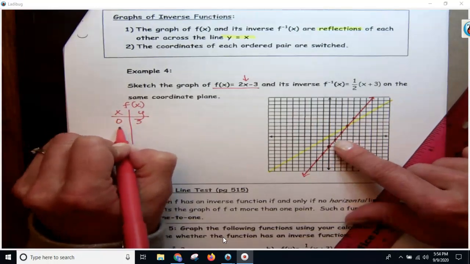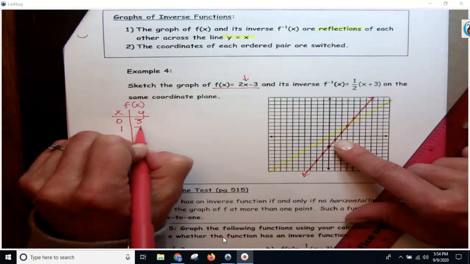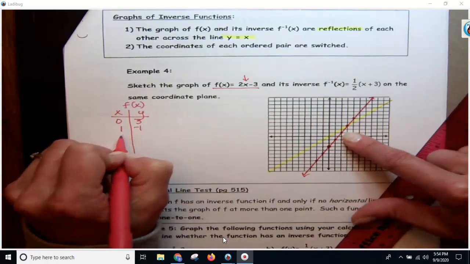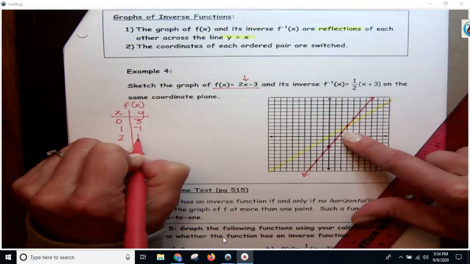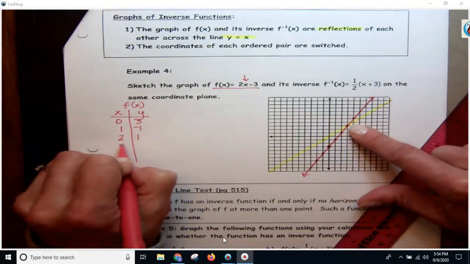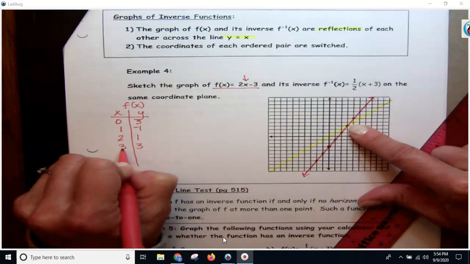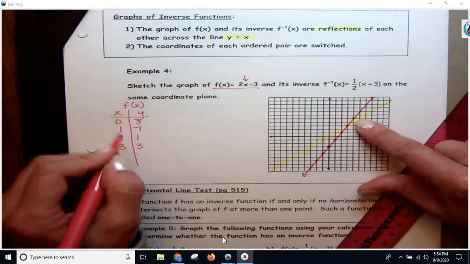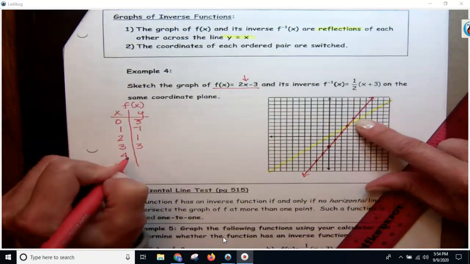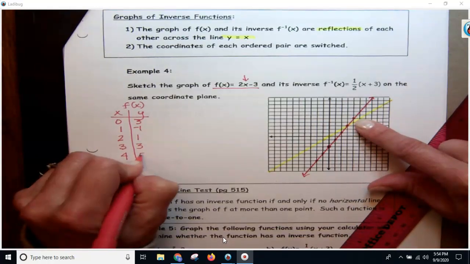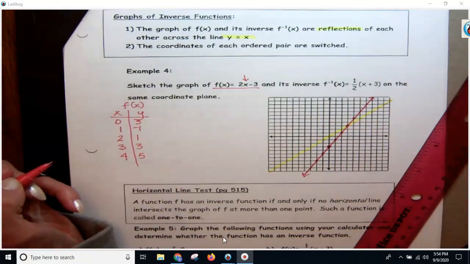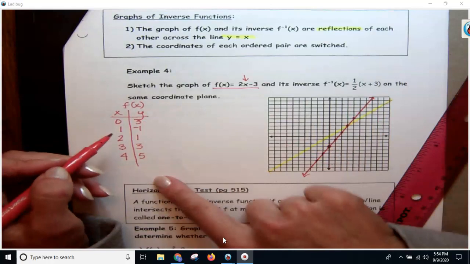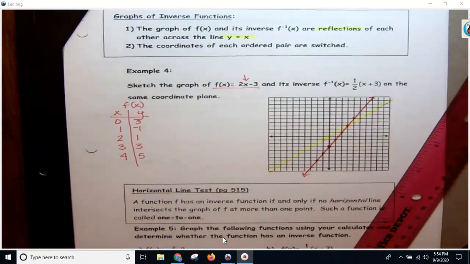When x is 1, y is negative 1. When x is 2, y is 1. And when x is 3, y is 3. I could go on and on, and this would be 5. So there is the point of this red graph. Now I'm going to do the other graph in green.